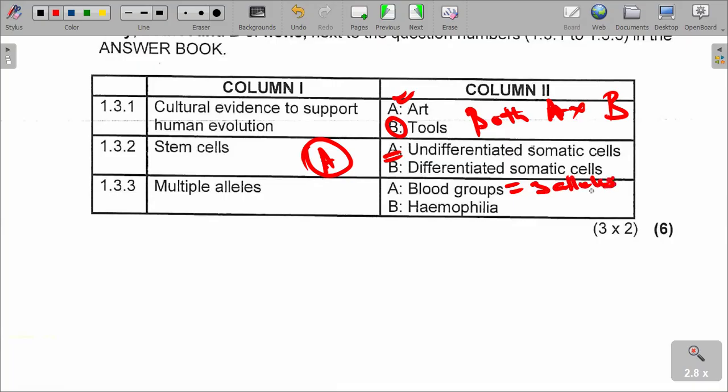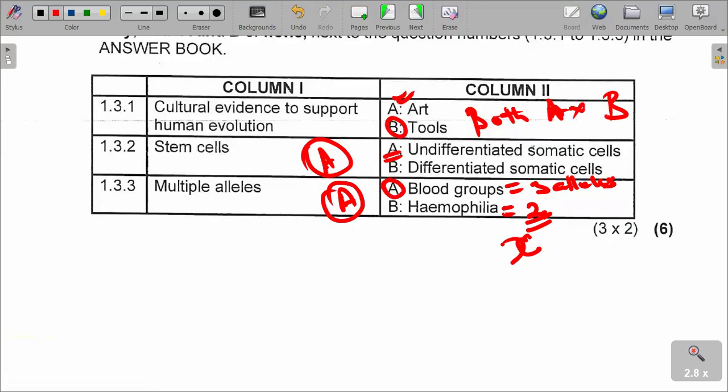Haemophilia is actually controlled by only two alleles, which are carried on the X chromosome. So the answer must be A only.